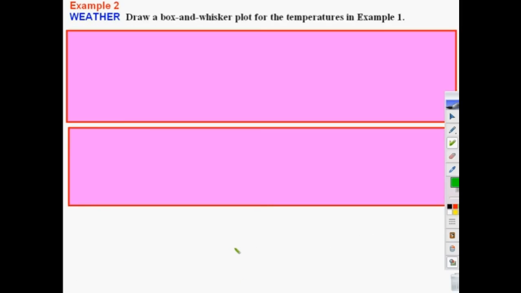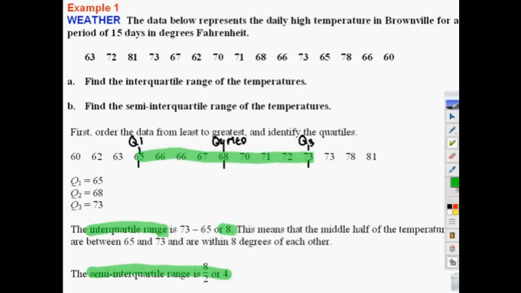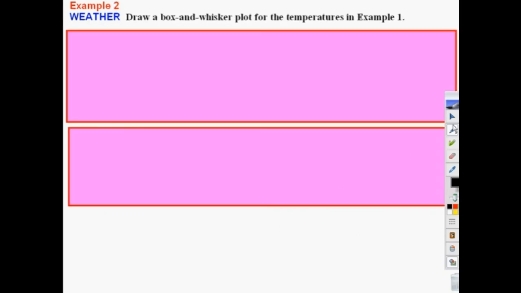Okay. Next thing we do, we are going to draw a box and whisker plot of the data. So I've already done a lot of the legwork for this by putting everything in order and marking off the quartiles. What I want to do now is place the lower value, the upper value, along with the quartile marks on a number line.